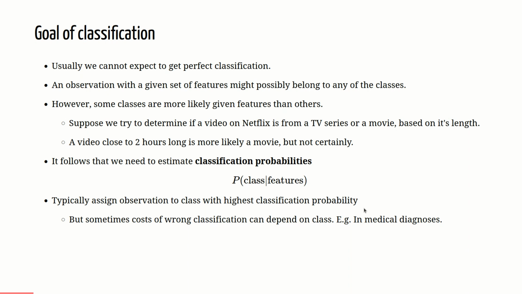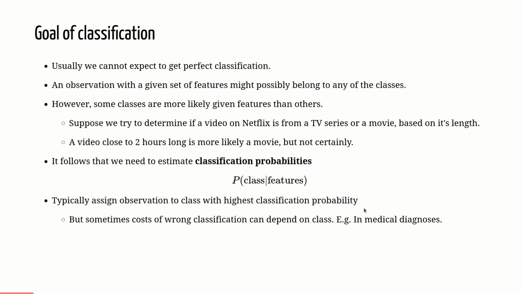Some TV episodes are longer and some movies are shorter. So there's some uncertainty there, but nonetheless we can use the fact that typically movies are longer than TV show episodes in order to assign on the balance of probabilities.